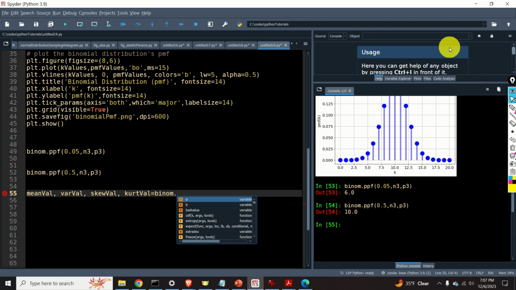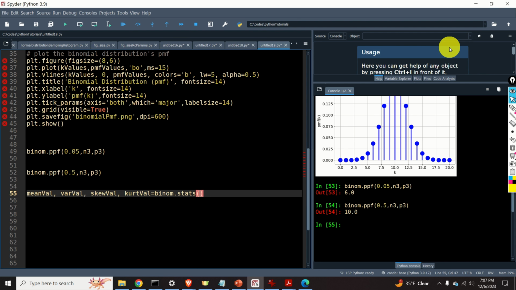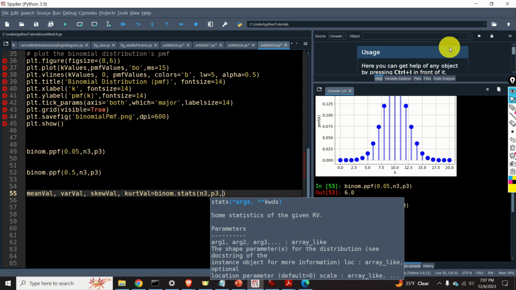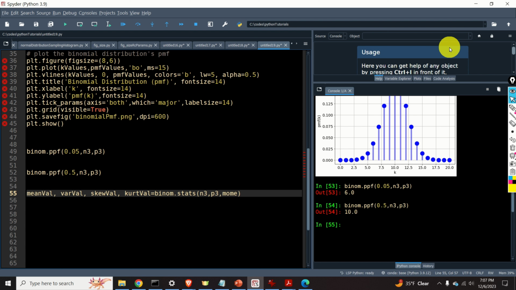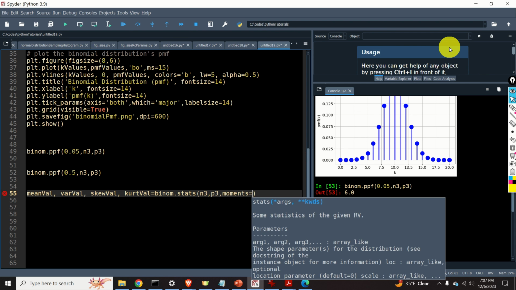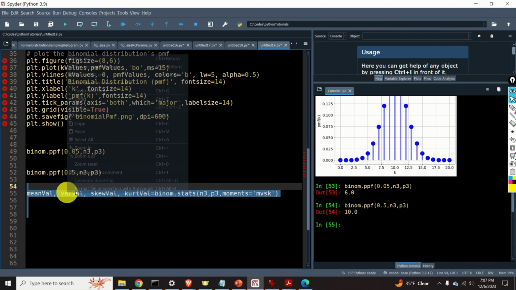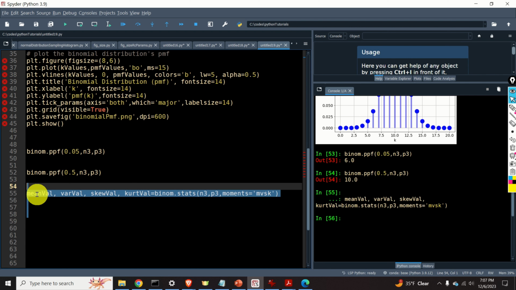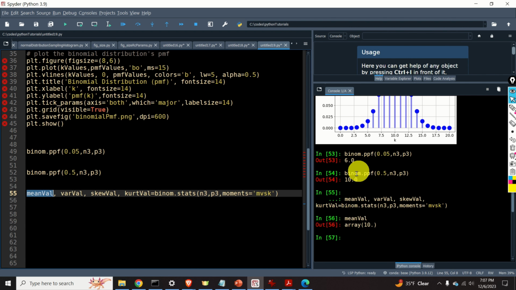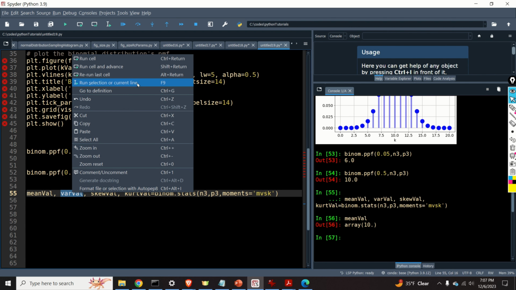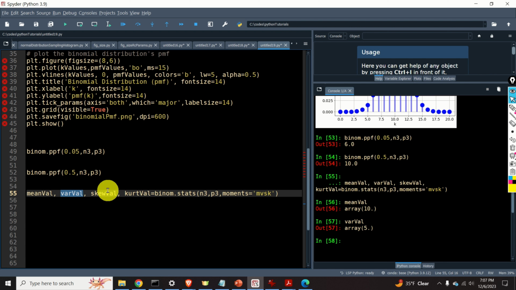We type binom, we call the stats, we specify n3, p3, that is the n and p values, and we specify this keyword moments equal to 'mvsk'. Okay, let's see the result. Here's the mean, here's the variance, and that's it.